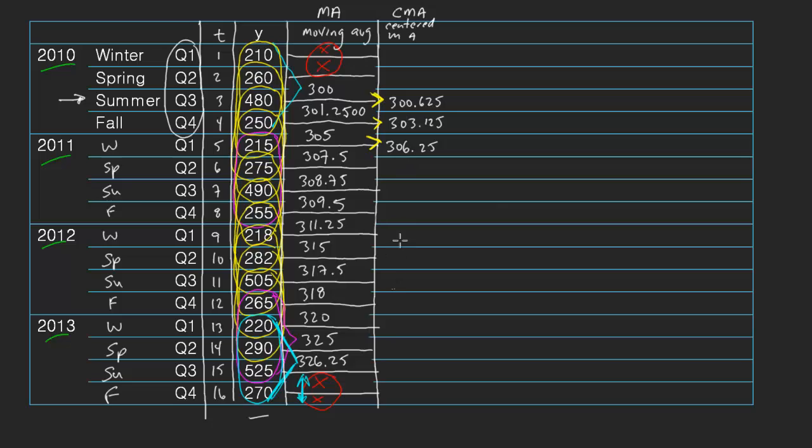So I'm going to fill all this out, but before I do that, let me point out that this first number, this 300.625, if you run across, this happens in quarter 3. This reading here belongs to a summer. The 303, if you carry across, this belongs to quarter 4. This is a fall reading.